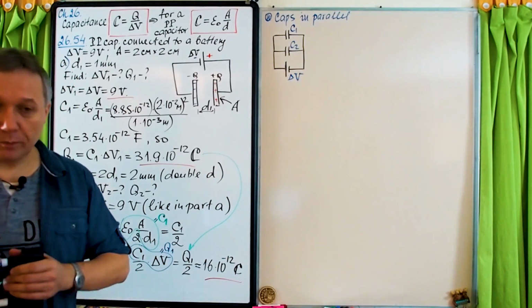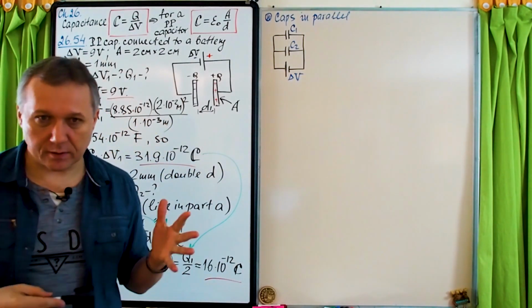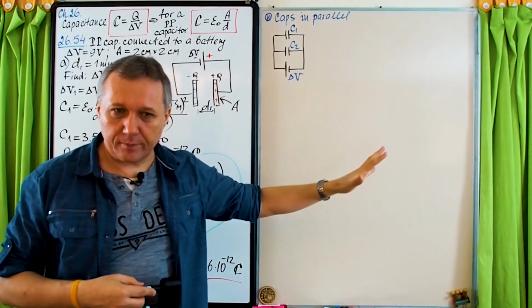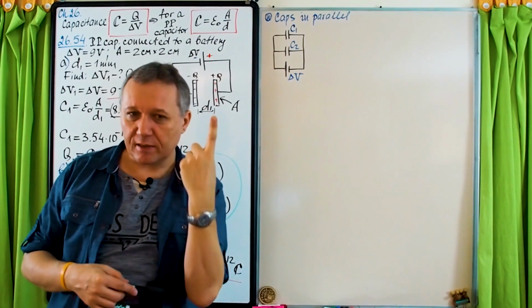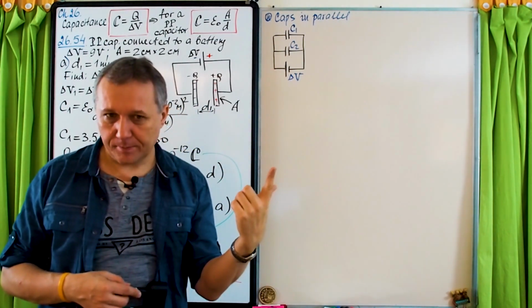So the idea in this method, capacitors which are connected either in series or in parallel, we try to replace with a single capacitor, which we call equivalent capacitor, right?